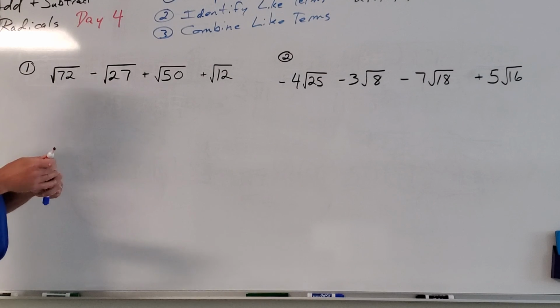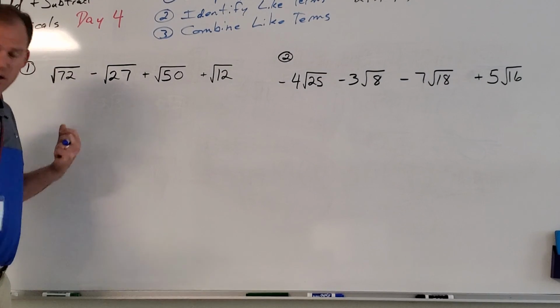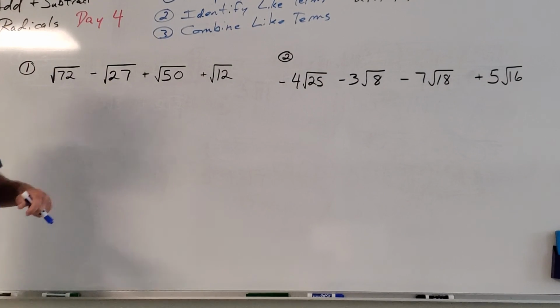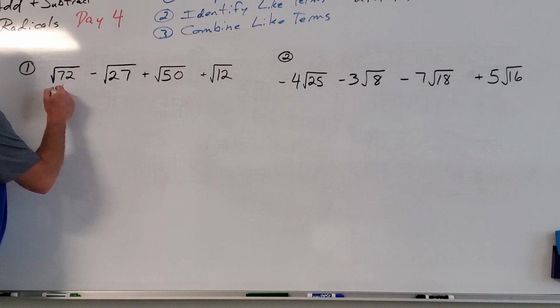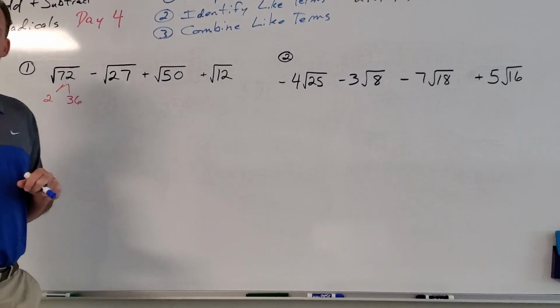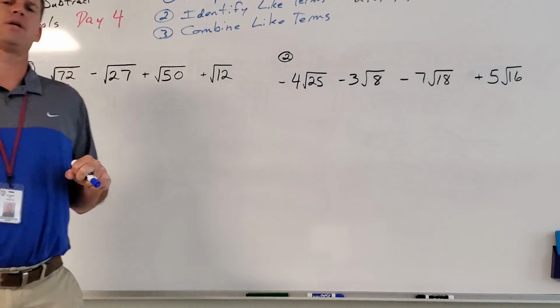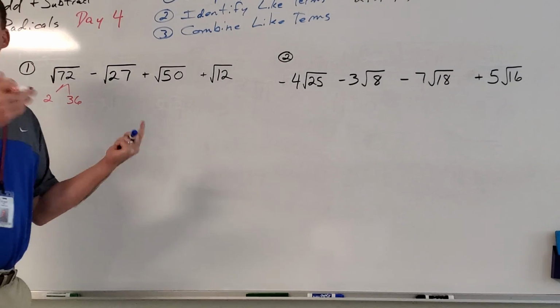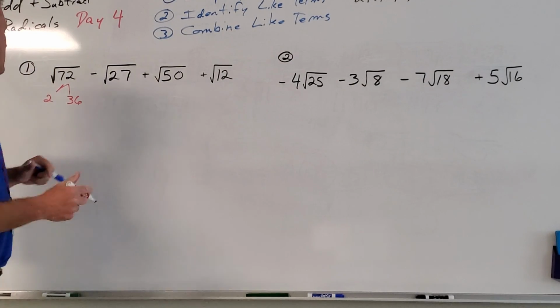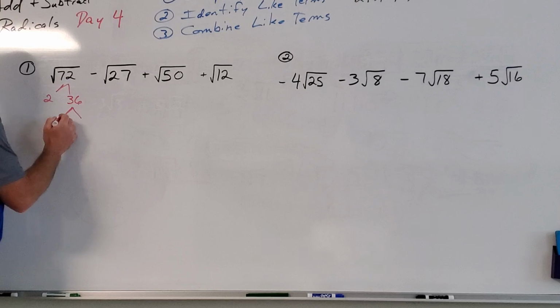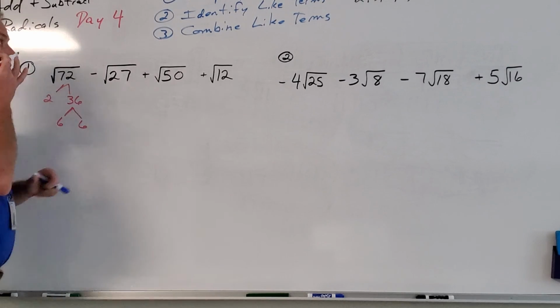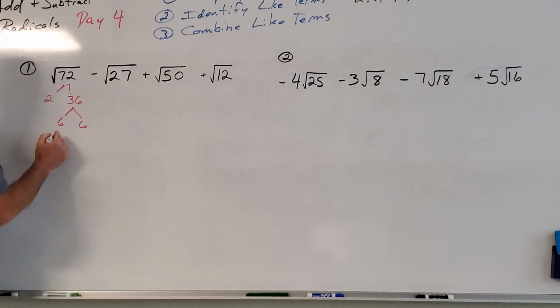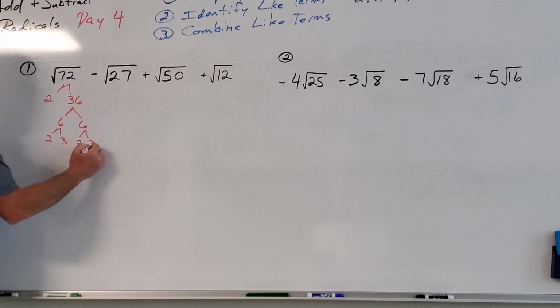Square root of 72. Goodness gracious. I don't know anything that goes into 72. I'm grabbing my calculator and I'm dividing by 2. So that's 2 and comes out to be 36. You might know something that goes into 36. I do, because I just remember from a long time ago, 6 times 6 is 36. That one's always stuck with me. So that's a good place to go. 6 is not prime, so we break it down all the way. 6 is 2 times 3, 2 times 3.